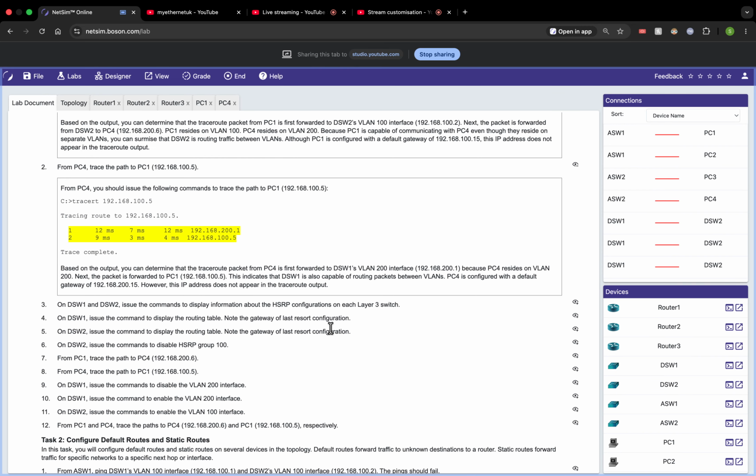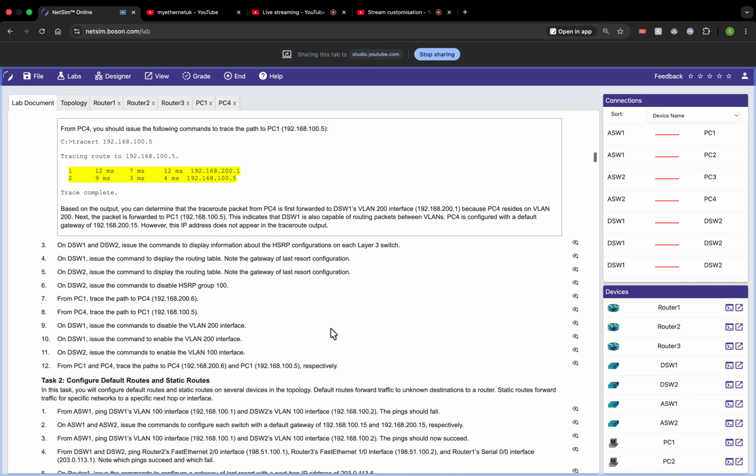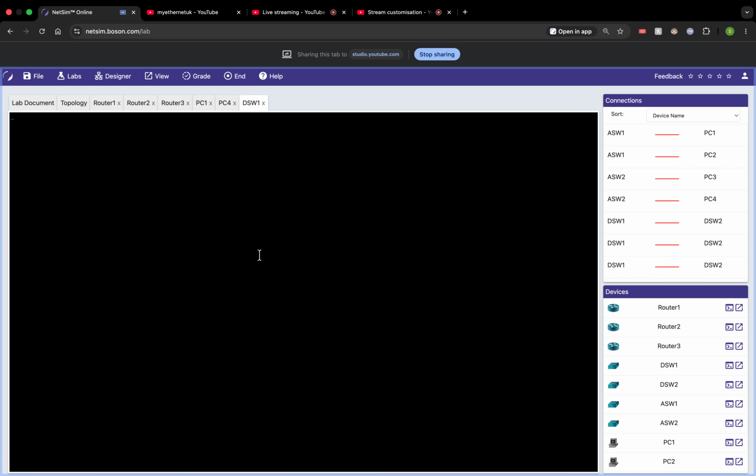That's why I'm doing it, and I think it helps you learn more when you know how to configure something as well. So for DSW1 and DSW2, I'm going to try to move through this quickly and get this lab done in the next half an hour.